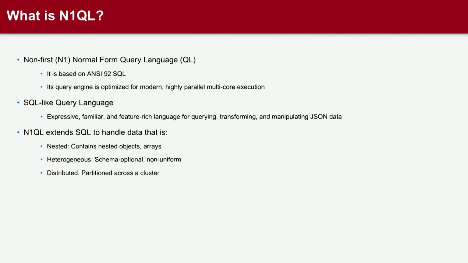It's a non-first normal form query language. Like I said, it's ANSI compliant, so you're not going to get bits and pieces of what you would see in traditional SQL. You're going to get all of it. It's going to have its own little flavor to it, just like MySQL is slightly different than Postgres and things like that. It'll be similar, but it's an extension to regular SQL. It's designed to work on nested data.